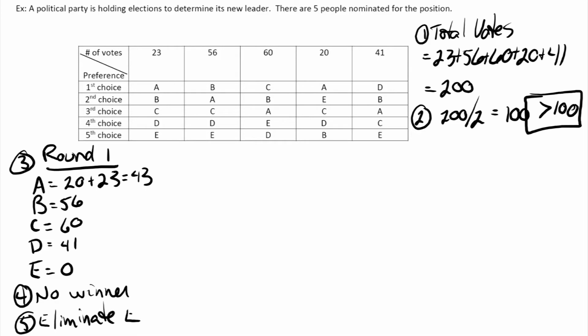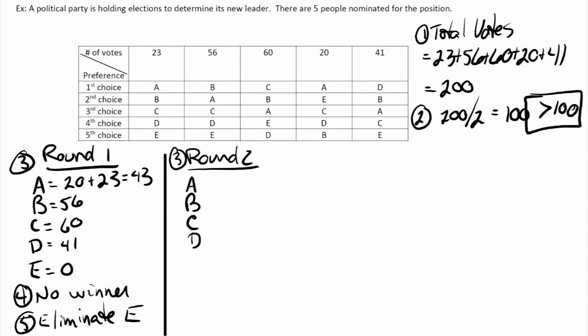In this case, we eliminate E because they didn't get any first place votes. Now we move on to step 3 again for round 2. This time, however, we've only got A, B, C, and D in the running. A has 43 votes, B has 56, C has 60, and D has 41. Looking at these votes, we can see that there's still no clear winner. No candidate has a majority at this time.